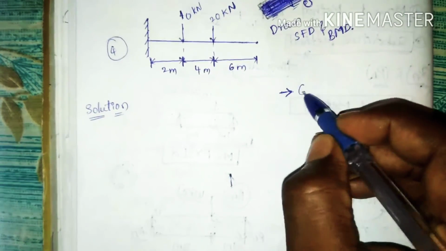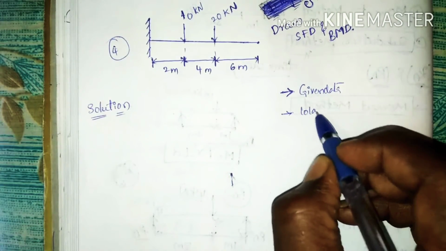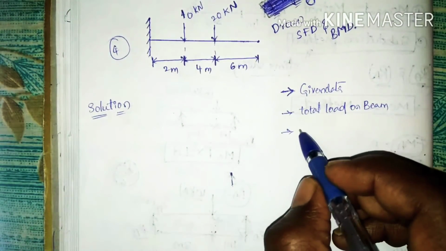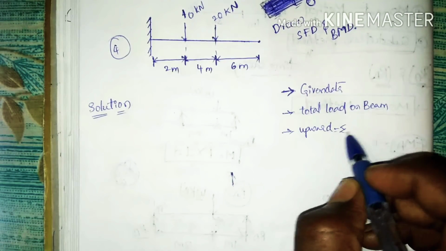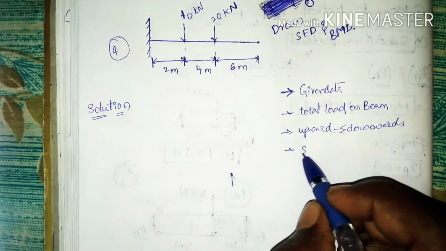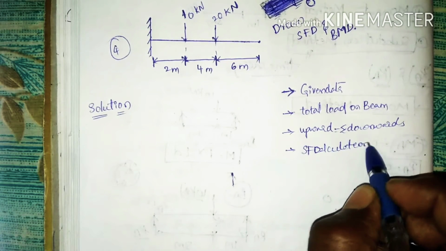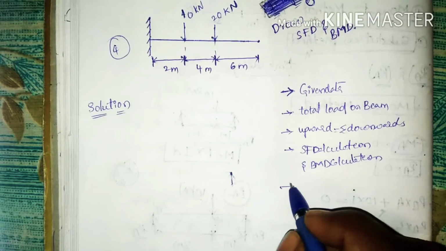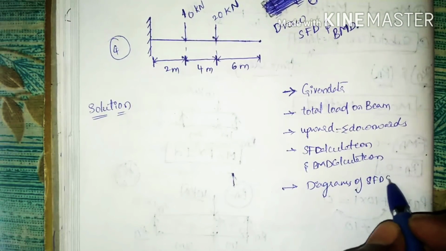According to our procedure: number 1, given data; number 2, total load on beam; number 3, equating upward reactions to downward reactions, summation upward is equal to summation downward; number 4, shear force calculation and bending moment calculation; then after, diagrams for SFD and BMD.